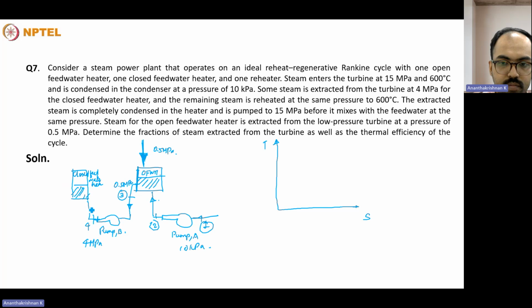There will be a portion that will be going inside, and then it will be coming out. There will be 2 inputs and 2 outputs. Since there is heat exchange happening, 4 will come out at a point of 6.